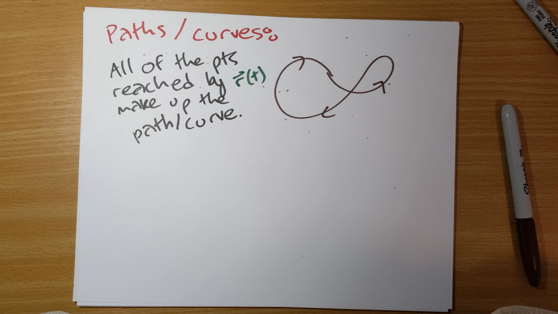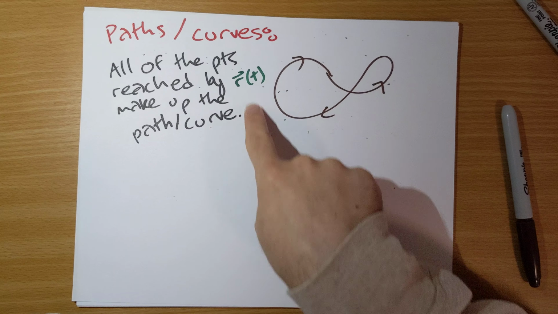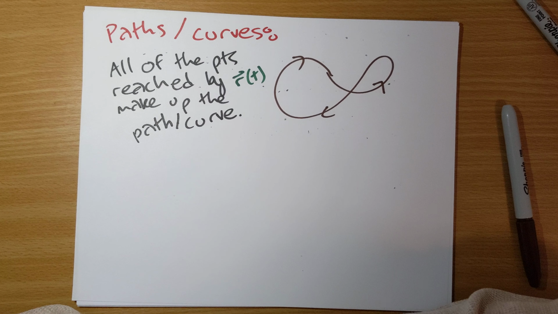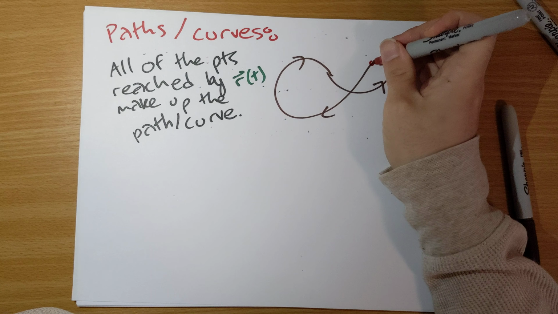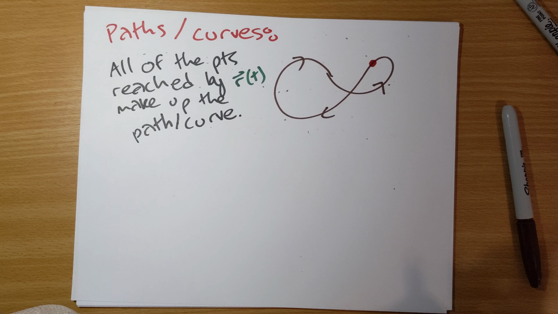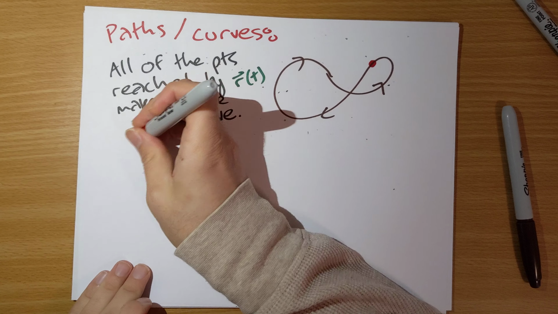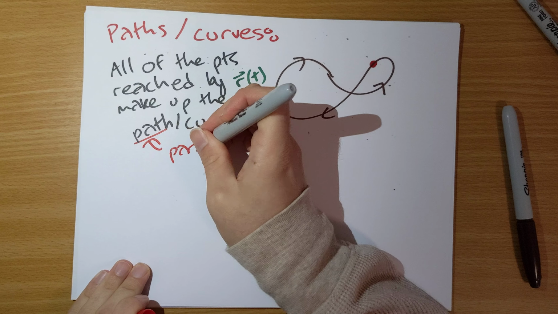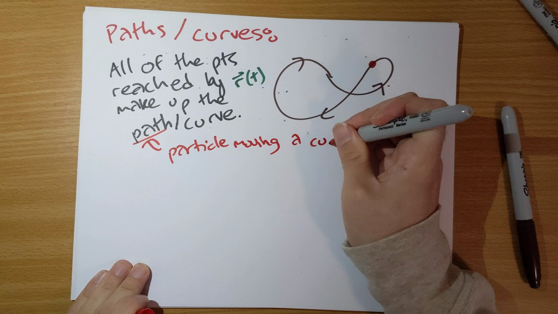The idea here is that we have some curve in space, the set of all points that you would get to from r of t. And as soon as I put a little dot on here, I'm thinking about a particle moving through space along the curve, so a particle moving along a curve gives you a path.